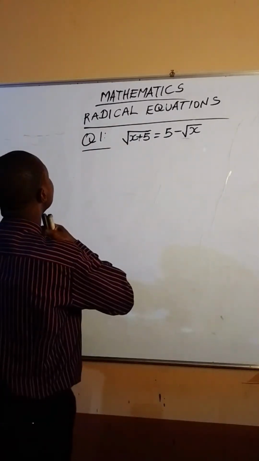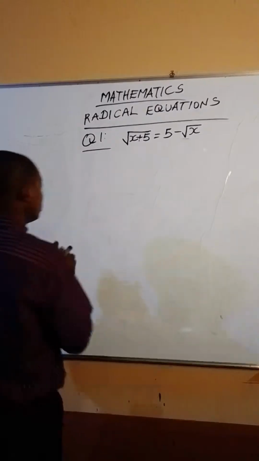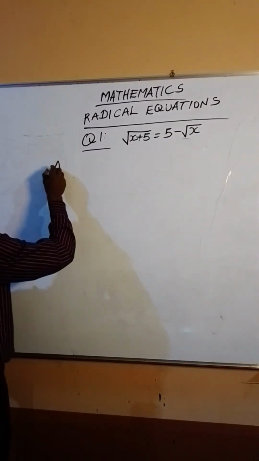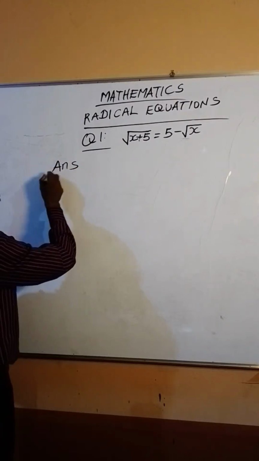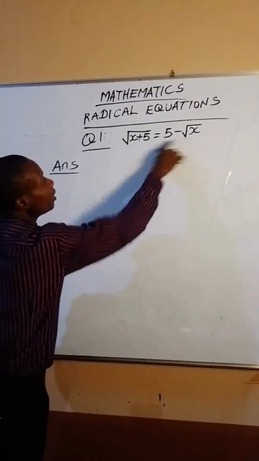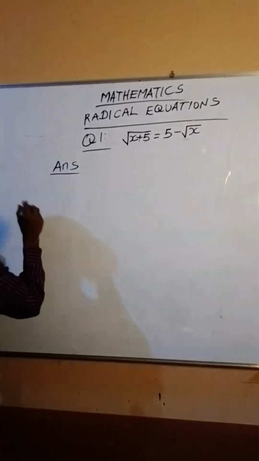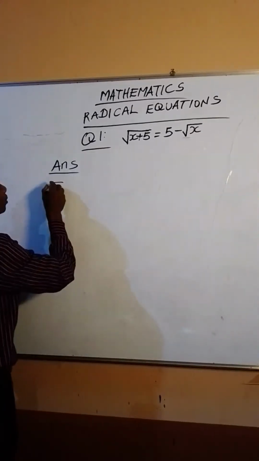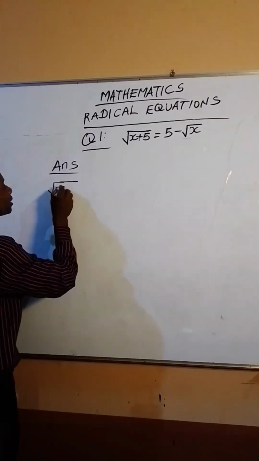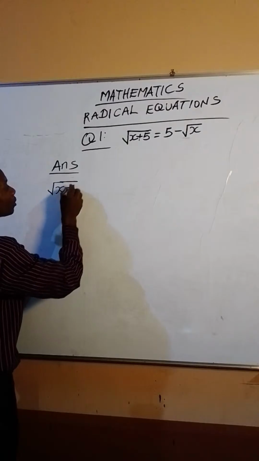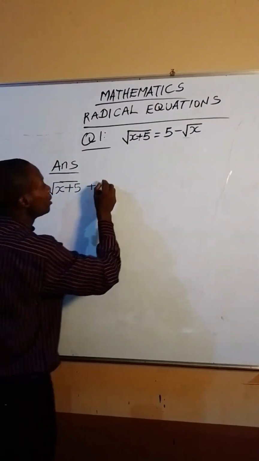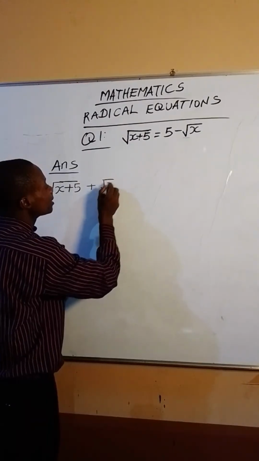Now on the board is the radical. This is what we are going to do first. We isolate the roots. By isolating the roots, we are going to have x plus 5 plus root x.